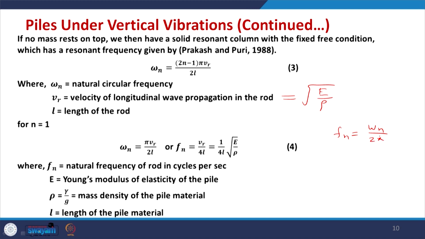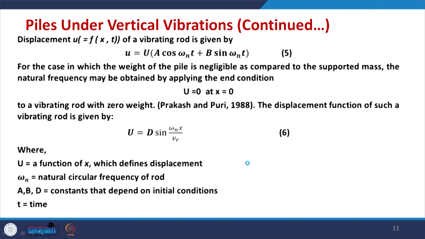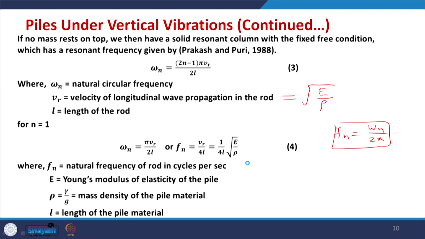If you work this out, you get equation number 4. Again in equation 4 the value of V r is written as root E by rho, where f1 is the natural frequency of the rod in cycles per second, E is Young's modulus, rho is mass density, and L is the length of the pile material, which we have already discussed. Continue with this. Now, this was regarding the natural frequency or angular frequency of the pile system.